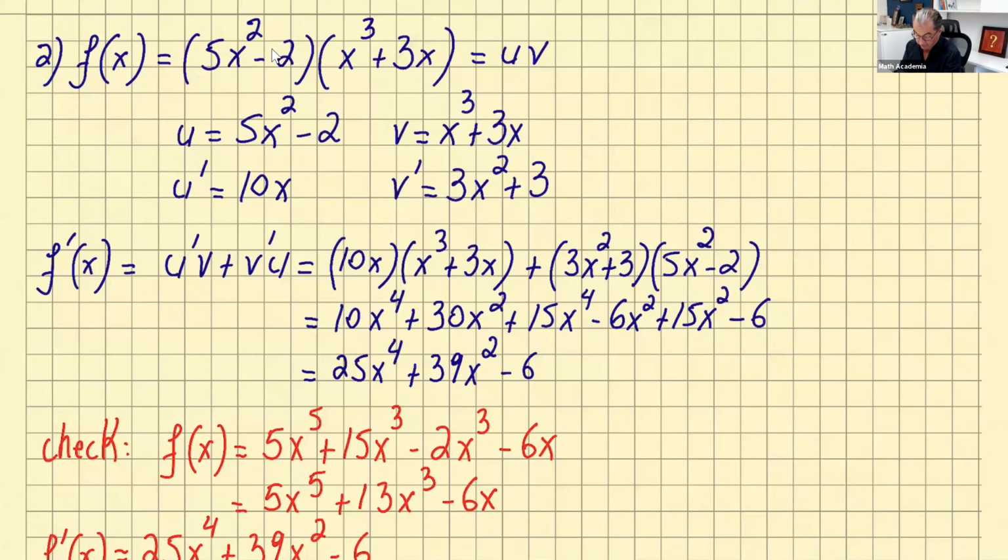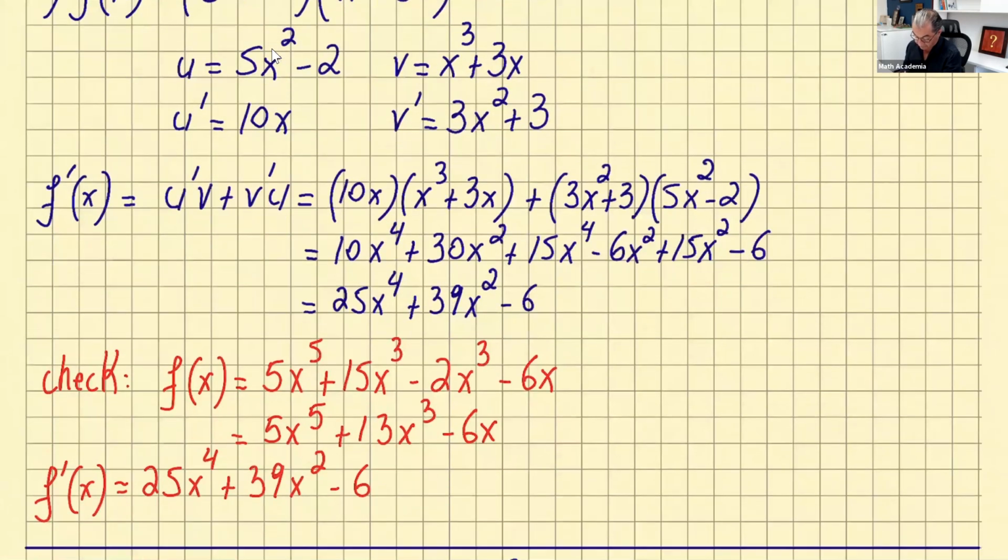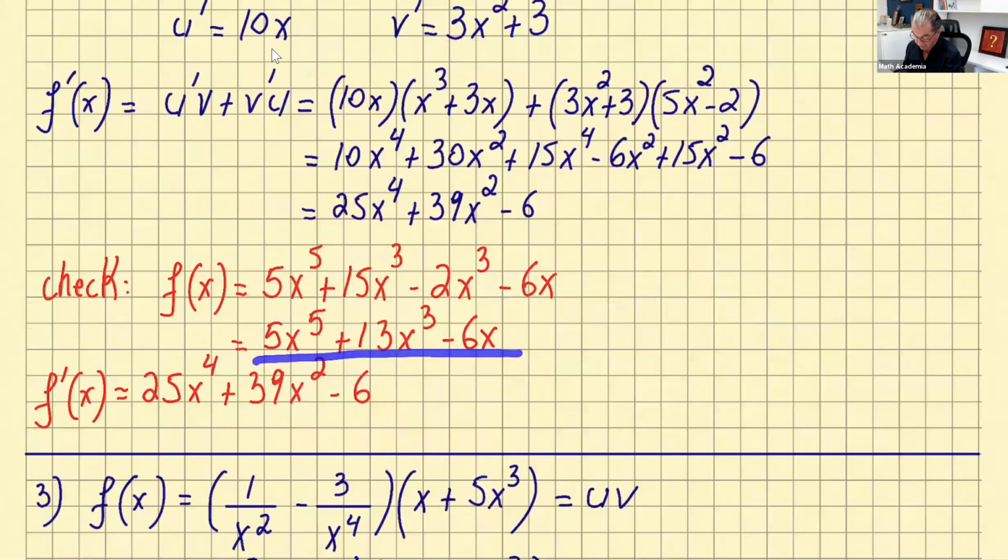Now we can check this one too. If you multiply this expression, you're going to get 5x to the 5th power plus 15x cubed minus 2x cubed minus 6x. So combine like terms, you get 5x to the 5th power plus 13x cubed minus 6x. Now you can take the derivative of that. The derivative of 5x to the 5th power is 25x to the 4th.